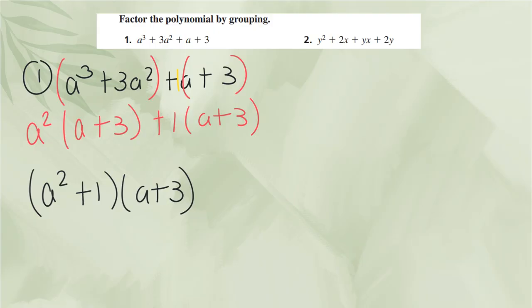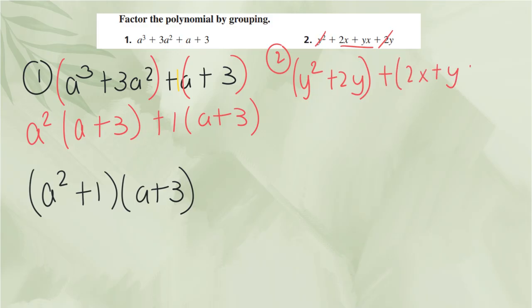Number 2, I'm going to put my y's together and my x's together. So I already know these two are the only ones with x. So this is number 2: y squared plus 2y plus 2x plus yx.